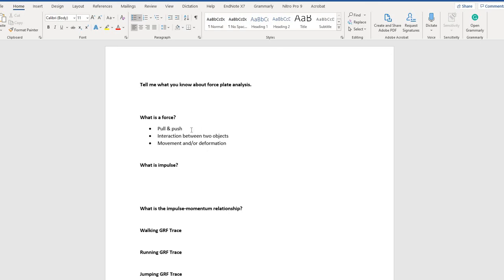And the reason I would present the information on your crib sheet in a bullet point fashion, as opposed to sentences and more of a script, is because if you learn a script, and let's say you learn a little paragraph of text about what is impulse, and I don't ask you what impulse is, but I do ask you what the impulse-momentum relationship is, you'll only be able to answer half that question, because the other half will just be the momentum portion you won't be prepared for.